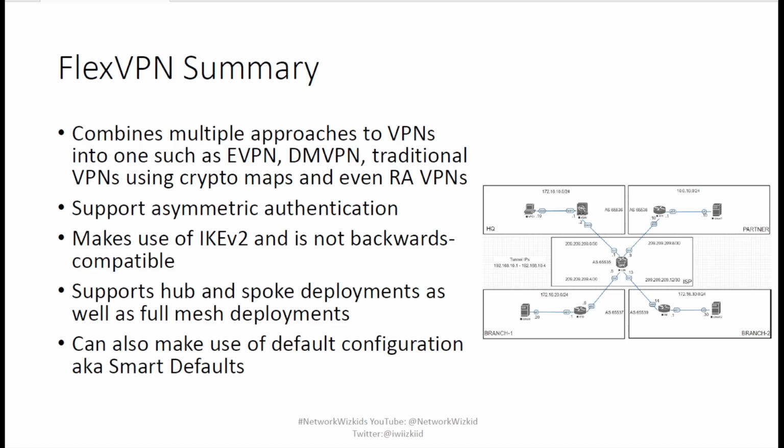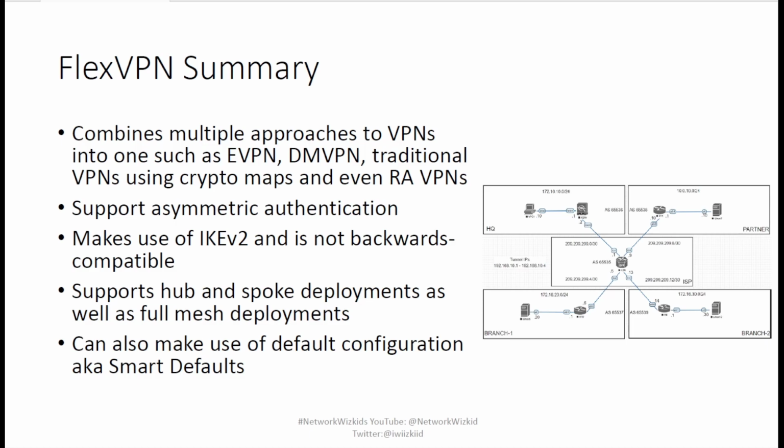FlexVPN makes use of IKEv2 as opposed to IKEv1 and is not backwards compatible with IKEv1. It also supports hub and spoke deployments as well as full mesh deployments, so we can configure it in a way whereby we can allow for spoke-to-spoke communication.